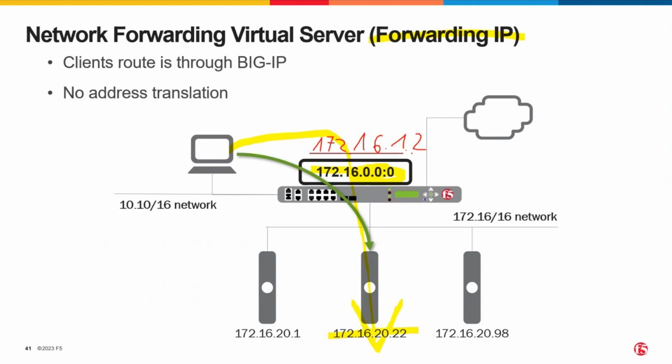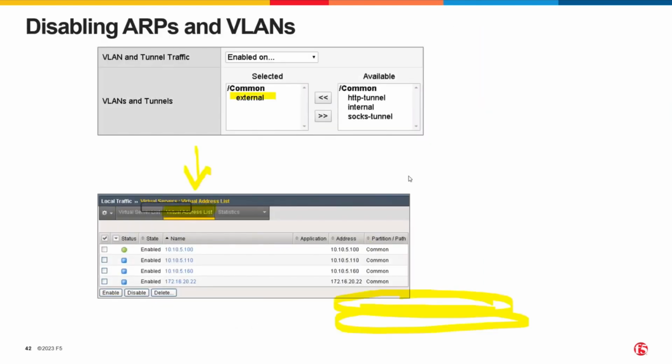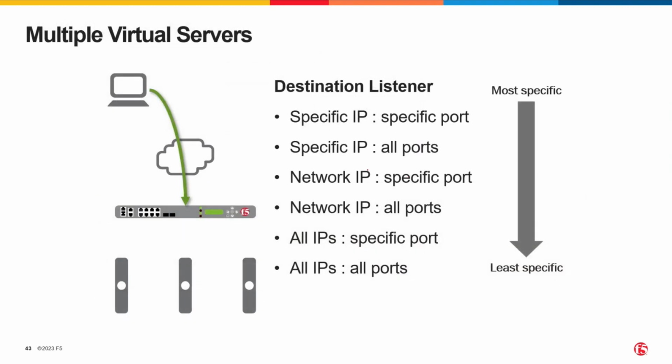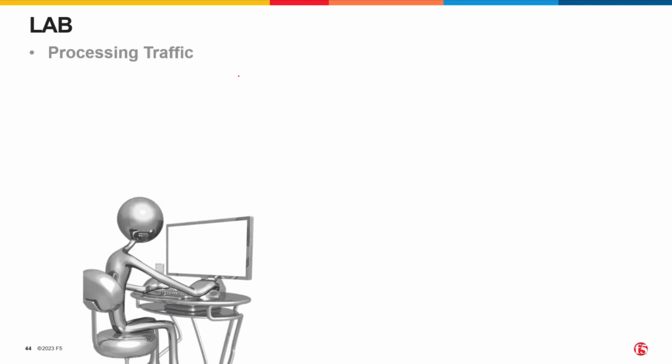So this one will be processed as the first one, okay? And everything else not hitting this one will be processed by this, from the most specific to the least specific. That's the goal of our first configuration for this first lab.